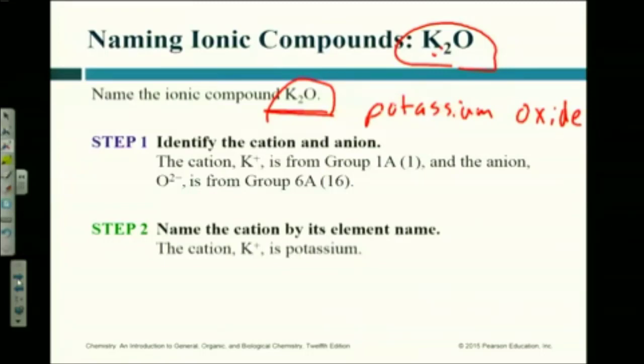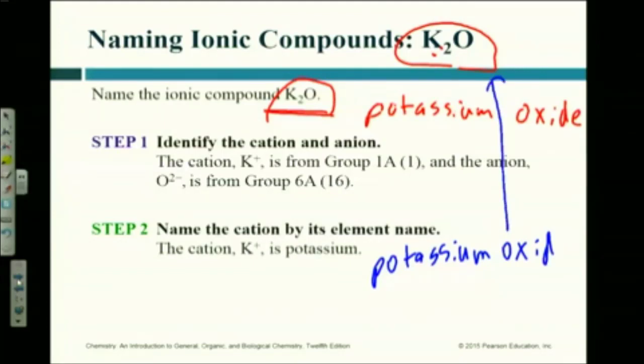Now, if I told you that you had potassium oxide, could you go backwards to the formula? You should be able to, because think about it. Where's potassium on the periodic table? It's in the first column, so what's the charge?